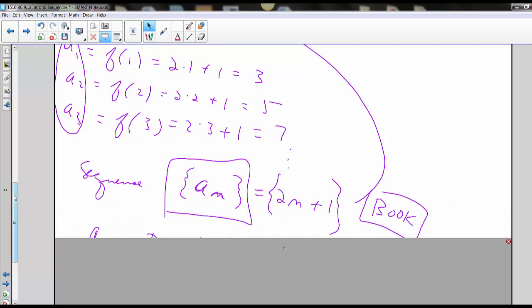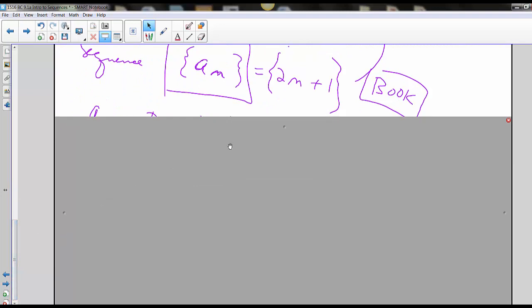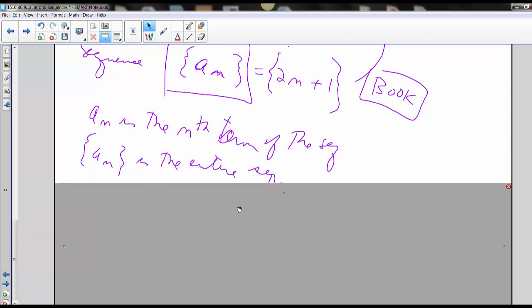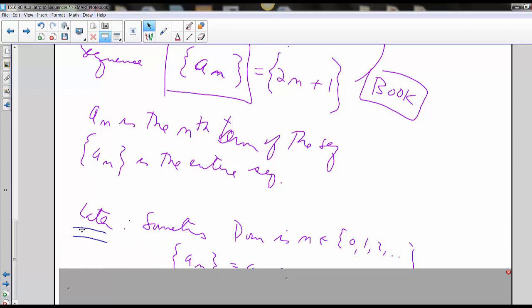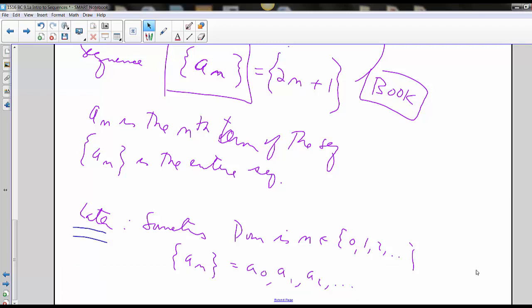Now you know that a_n is equal to 2n plus 1, so you can figure out any term. a_n is the nth term of the sequence, whereas when you put it in braces, it refers to the entire sequence.